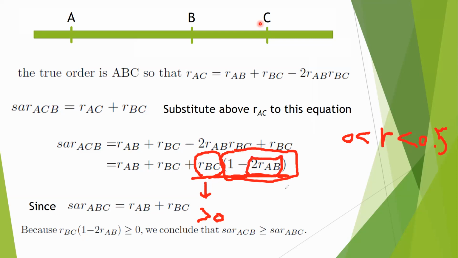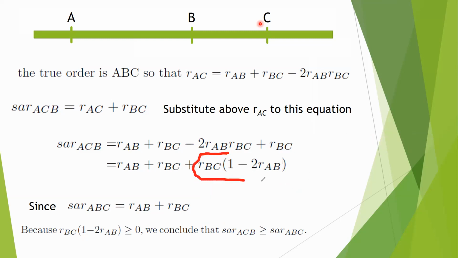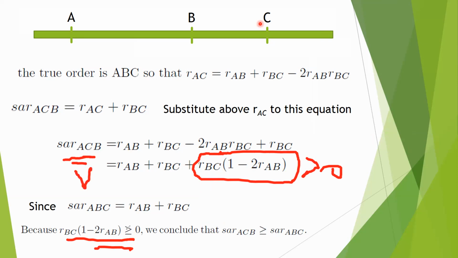Which means 2 times 2R must be less than 1. So 1 minus this guy must be greater than 0. So the entire thing here is greater than 0, which means this is greater than this, right? Bingo. So once you write these steps, you successfully demonstrate that the SAR ACB is greater than the SAR value for the correct order.